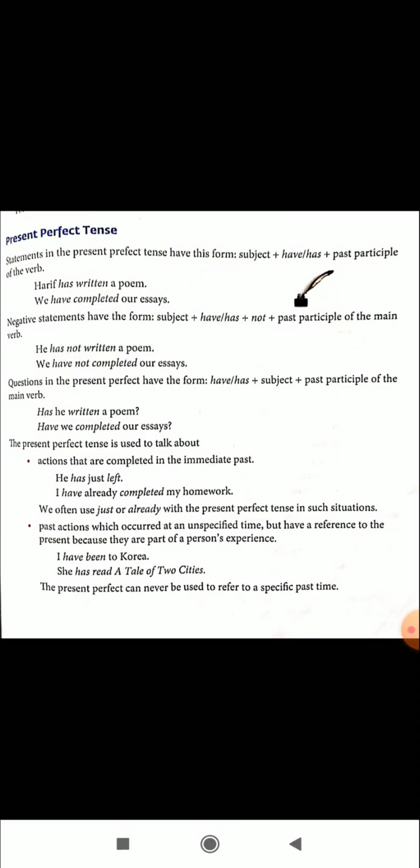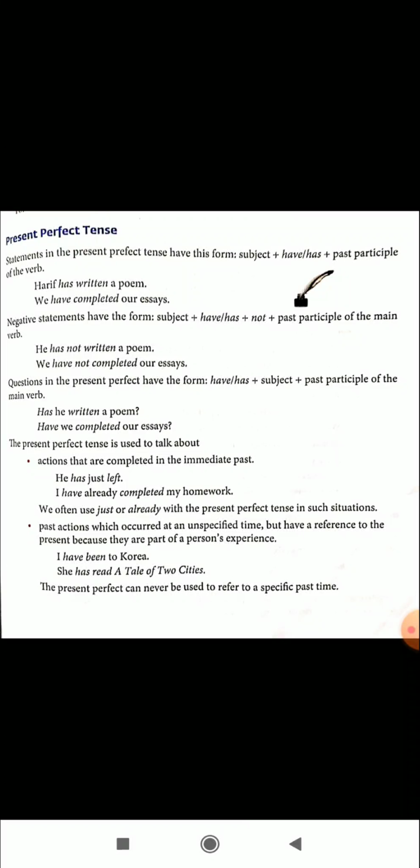Look carefully at where to put the auxiliary in the interrogative sentence or question sentence. In the question sentence, we put has or have in the beginning, then the subject, then the past participle of the verb.